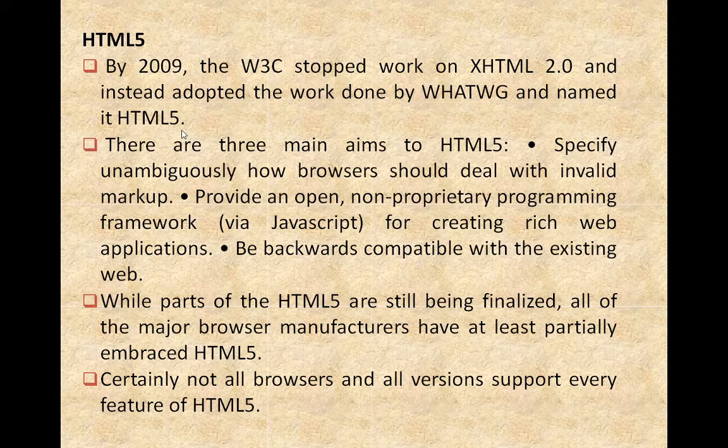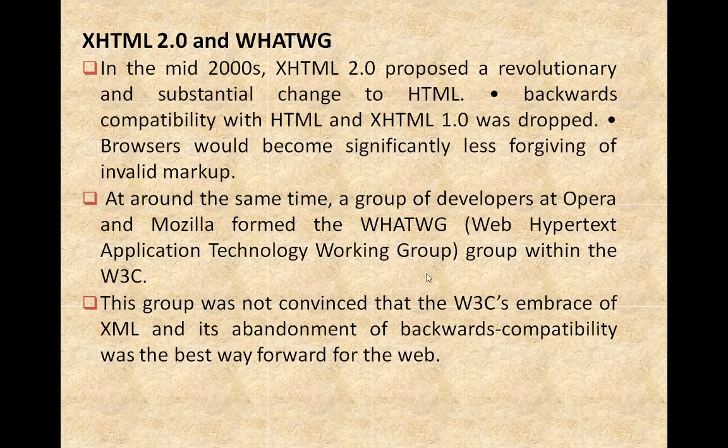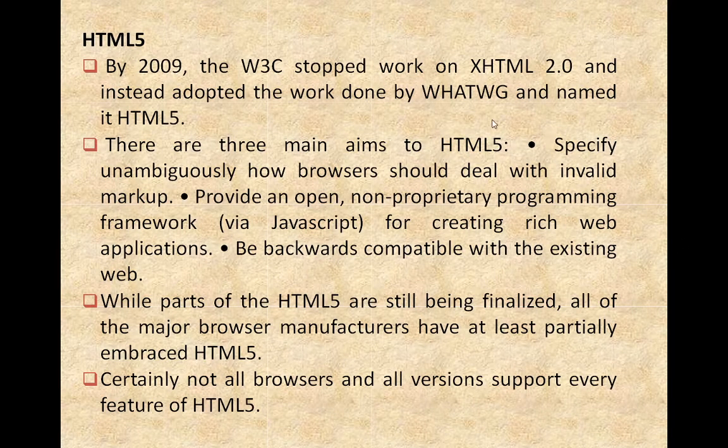That means the W3C was concentrating on the XHTML 2.0 version, so they stopped working on it and adopted the work done by the WHAT-WG subgroup. Previously we saw that they had these two conditions, and that was adopted by the W3C, and they renamed their work HTML5.